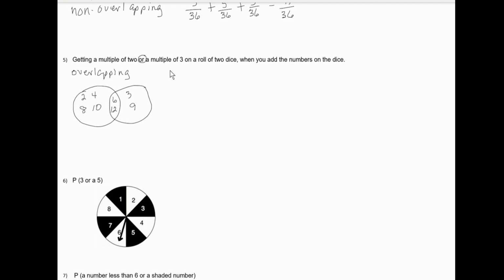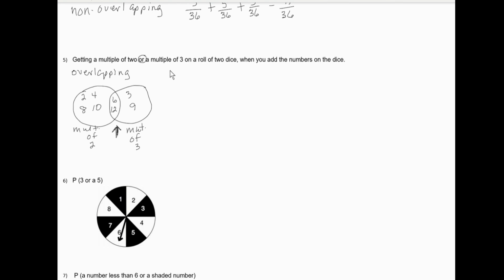So I need to find the probability of getting one of these numbers, which are multiples of 2, the probability of getting one of these numbers, which are multiples of 3, and then subtract off this overlap right in here, which are the numbers that are multiples of 2 and 3.